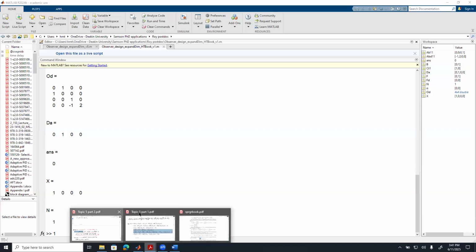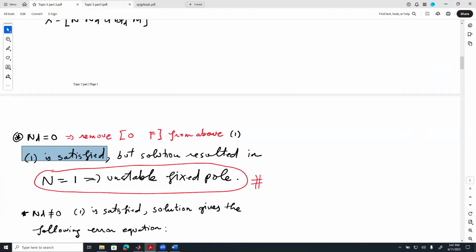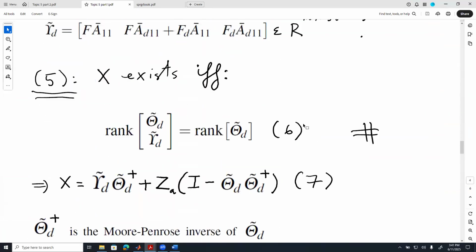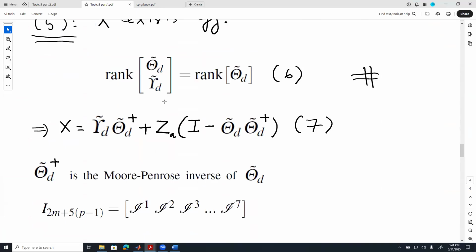solution that we discussed previously, where we say that there is also an extra degree of freedom in this solution if this one is non-zero.